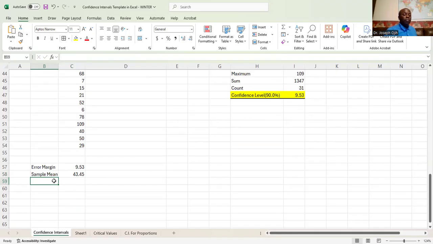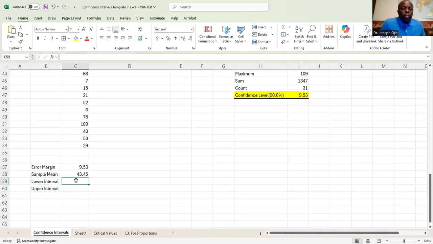So that we have the lower interval and the upper interval.